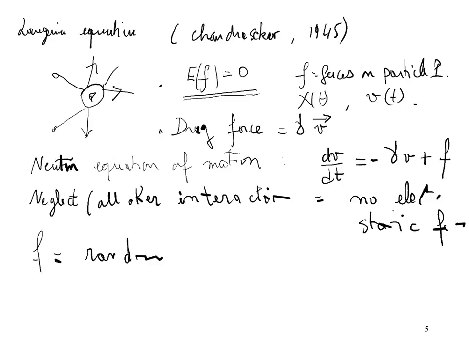So to describe this random force, I would like to remind you of the classical result from gas theory, where if we have a particle moving in a gas, Boltzmann has already described the distribution of the probability for the velocity.